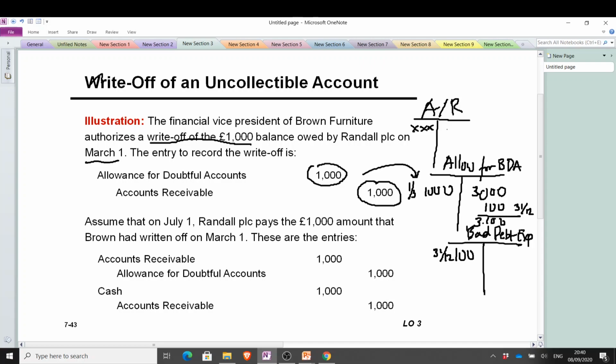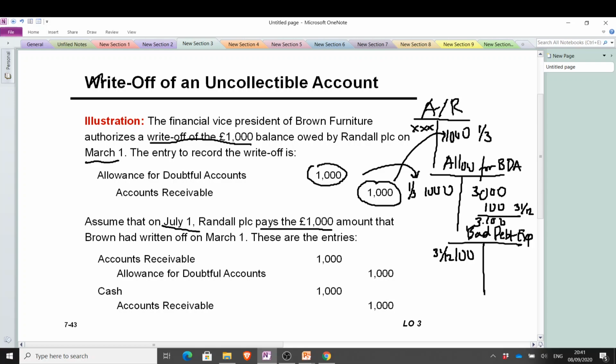And we deduct our accounts receivable by 1,000 on March 1. So you can see here that we deduct our accounts receivable by 1,000. And then assume that on July 1, Randall pays the 1,000.